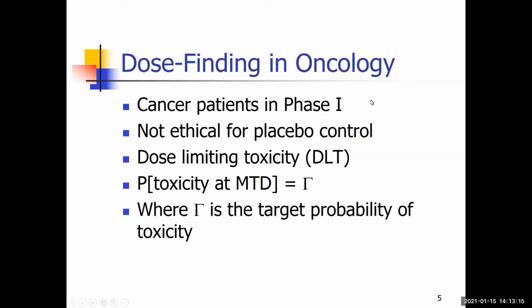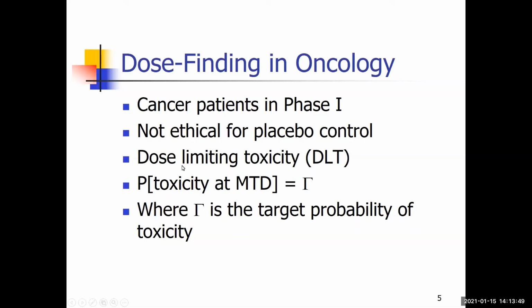So you're trying to get to a dose that's high enough to kill cancer cells, but it's not going to have a large negative effect on the rest of the tissues. And like I said earlier, in oncology studies, we use cancer patients in phase 1, and it's not ethical for placebo control because they're already having cancer, so you don't use placebo control.